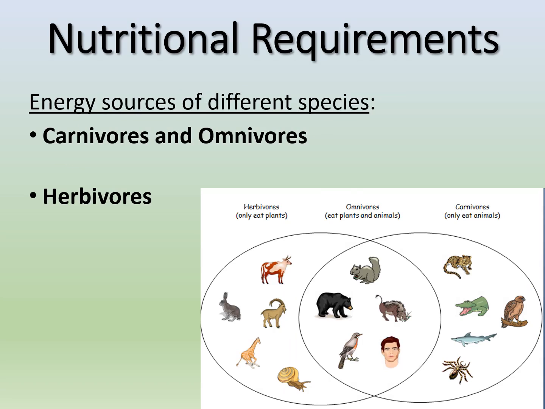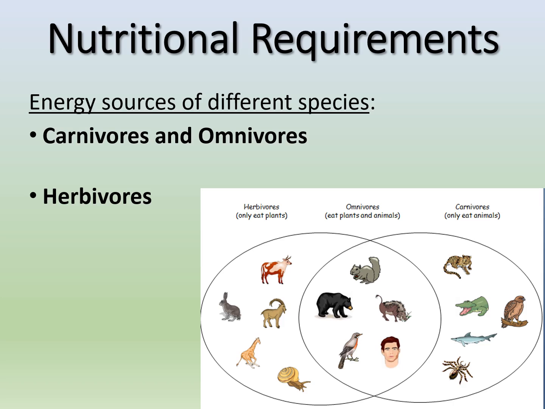As far as our energy sources, we said that we have a couple of different options, and that can be species dependent as well. Depending on which species you are, you may require a different energy source or may be able to use a different energy source.